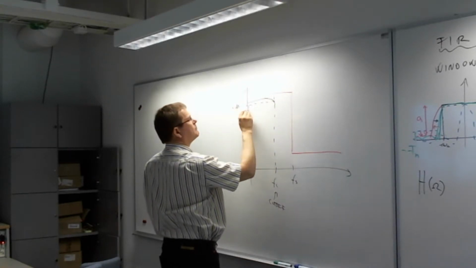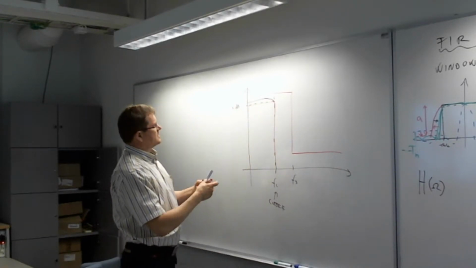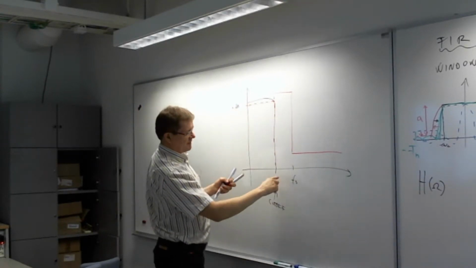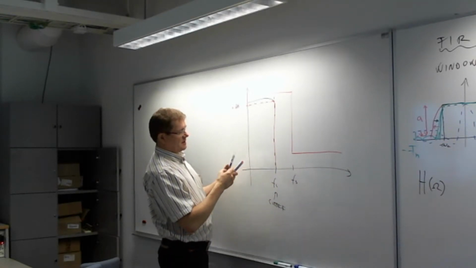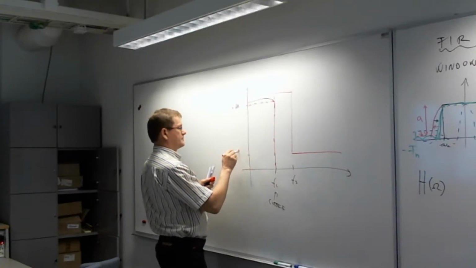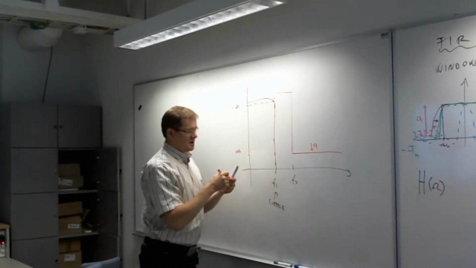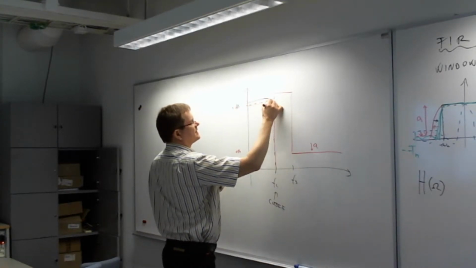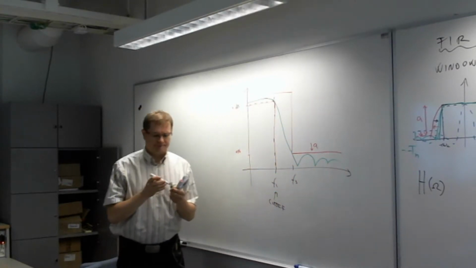Let's make a box here, so that defines that point. Then we have the cutoff frequency. Then we have the required attenuation level, A. The filter should go something like that.